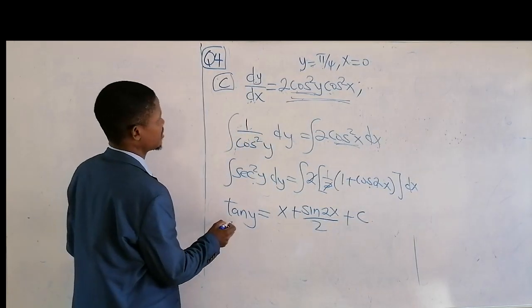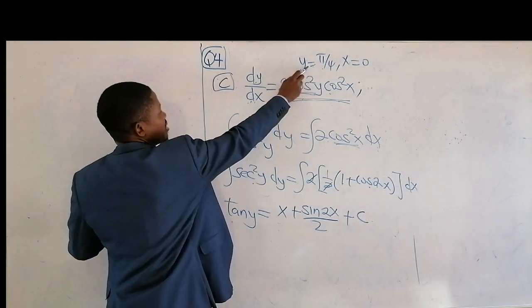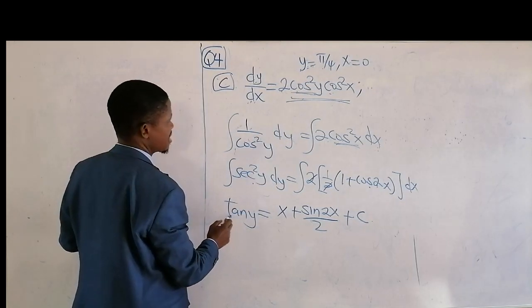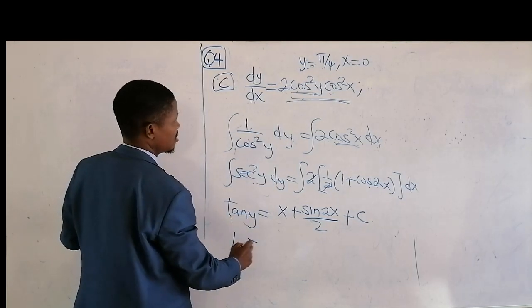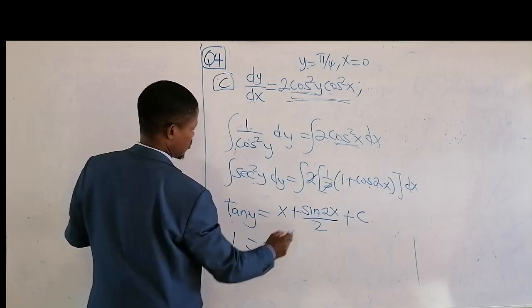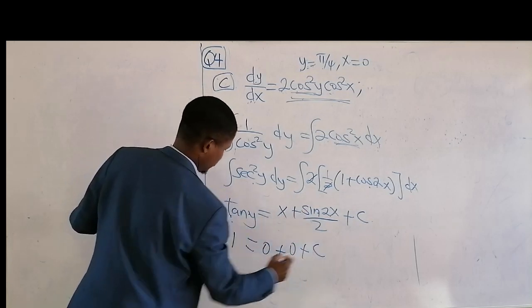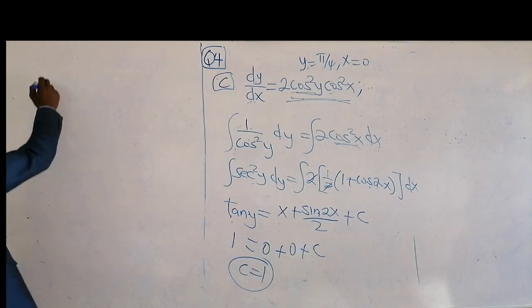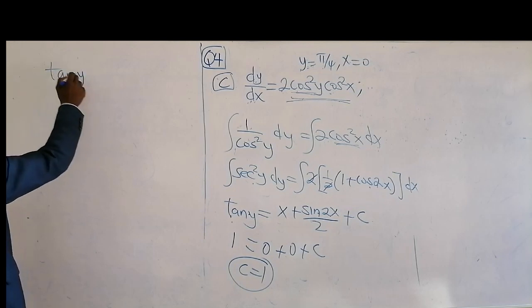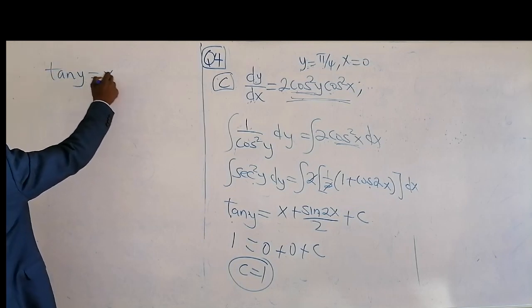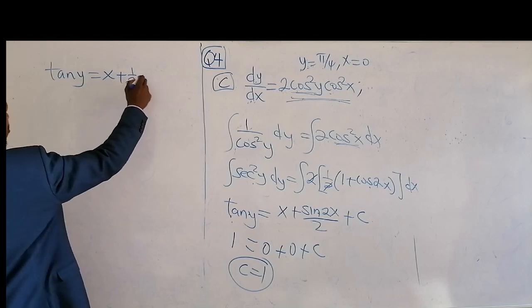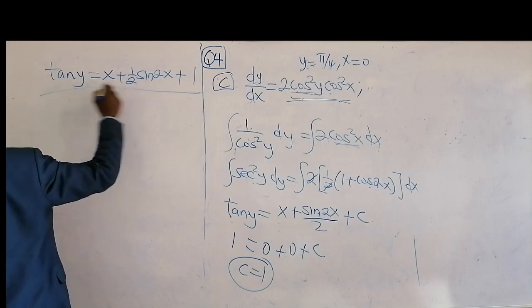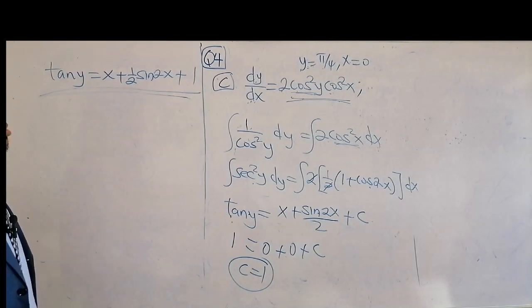So the next thing to do now is to plug in the boundary condition. tan pi over 4 is 1, x is 0, and sine 0 also becomes 0. So c is 1.